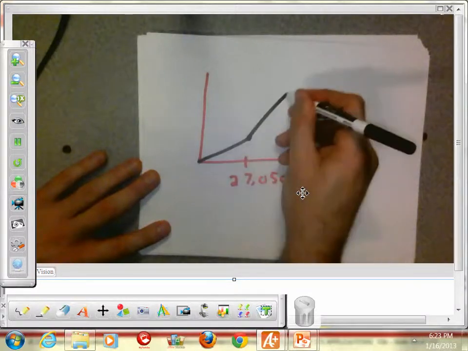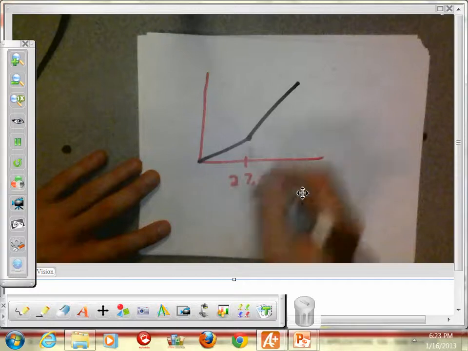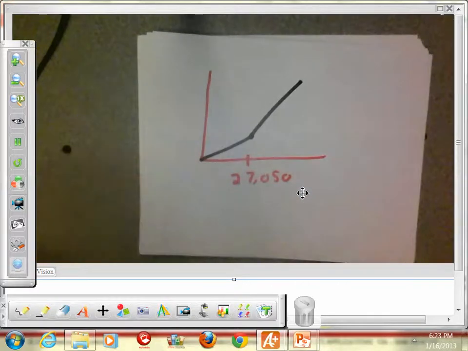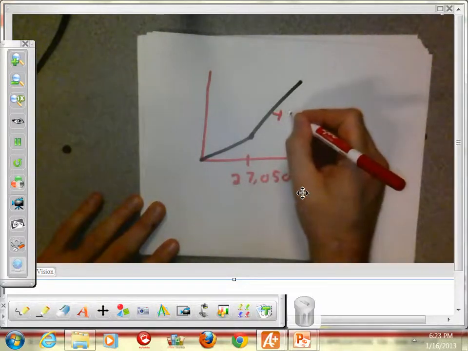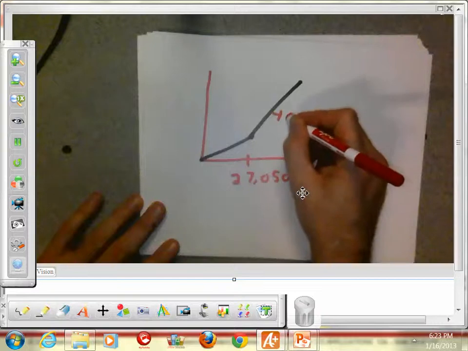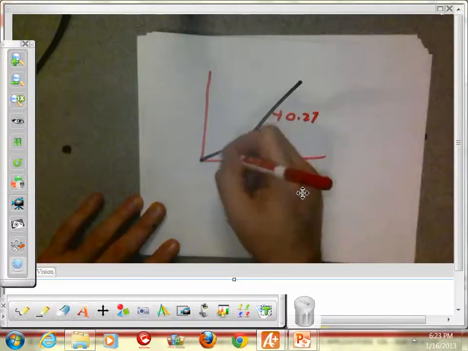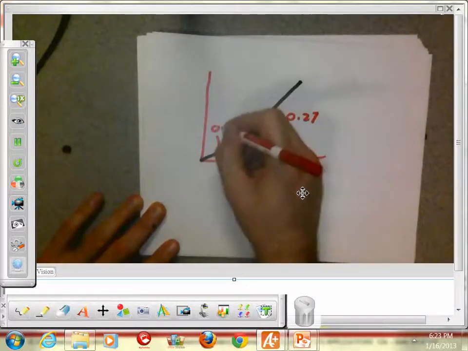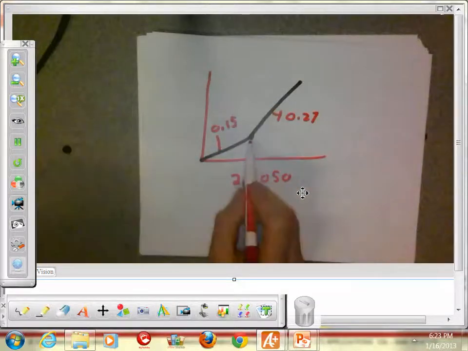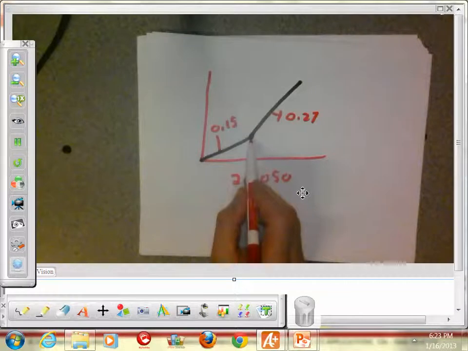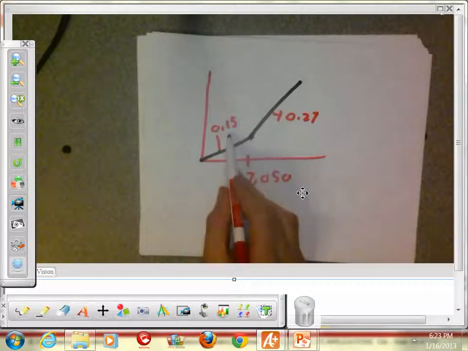From 27 on, you wind up with a line with a new slope. I exaggerated the increase of the slope so it was easier to see, but on this line over here, you have a slope of 0.27. On this line over here, you have a slope of 0.15. And this point over here is on both lines. It's making a sharp corner.